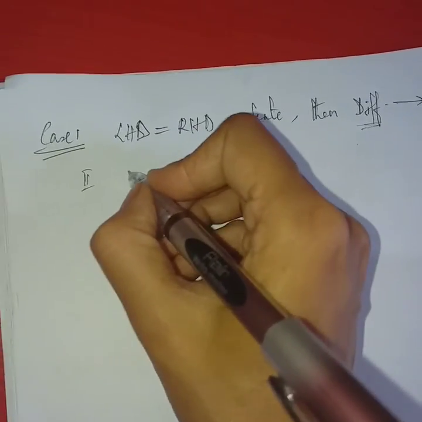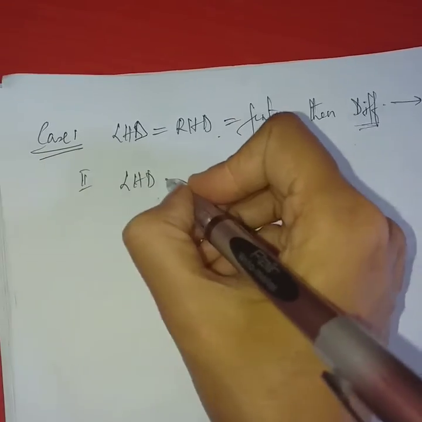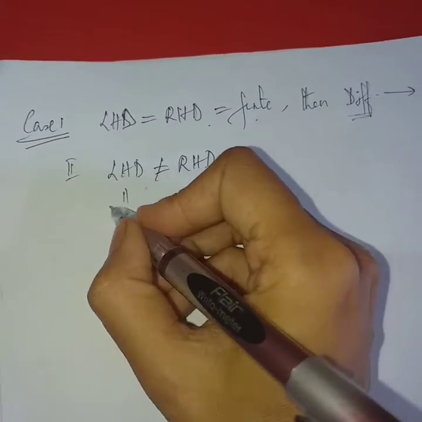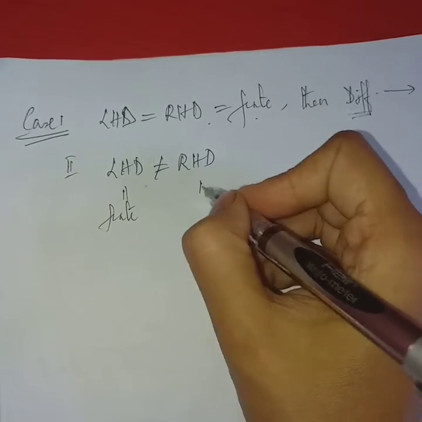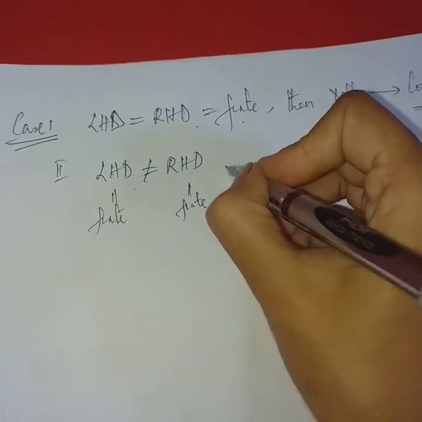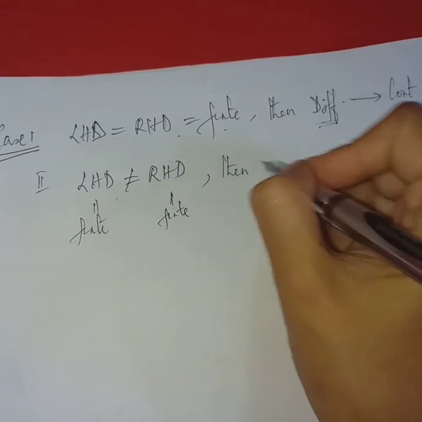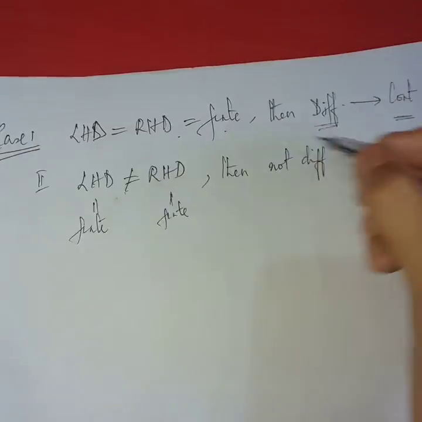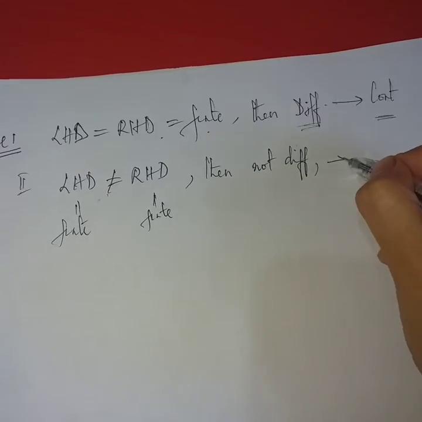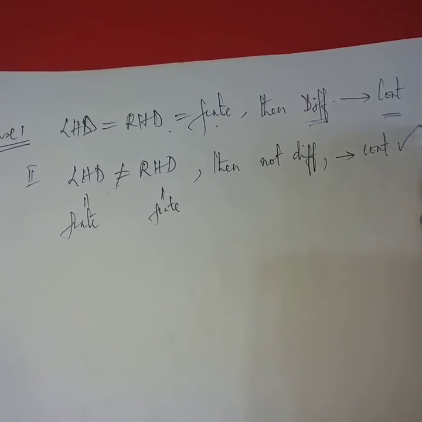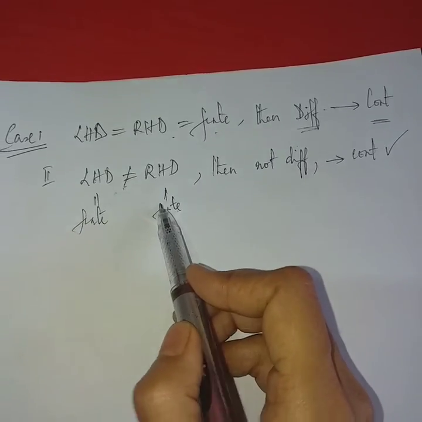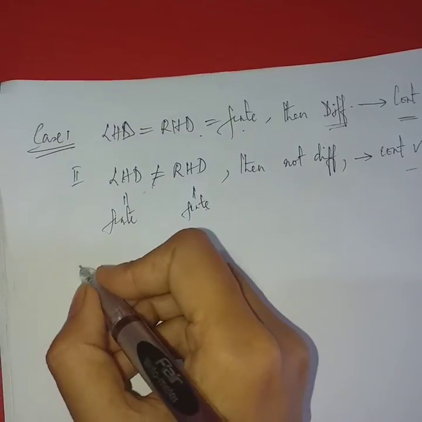Number 2: if both are not equal but individually they are equal to some finite number, then it is not differentiable because the left hand derivative does not equal the right hand derivative, but it is continuous. This we have to remember.